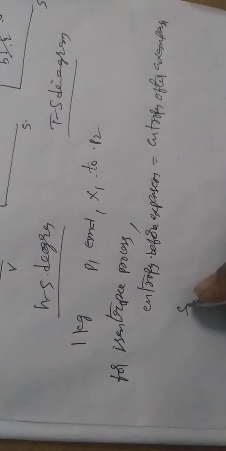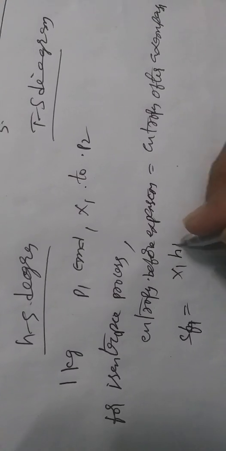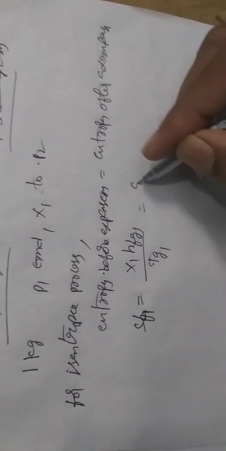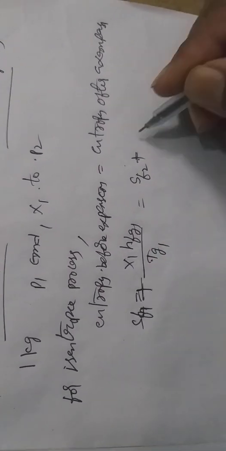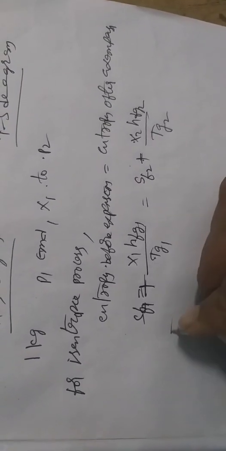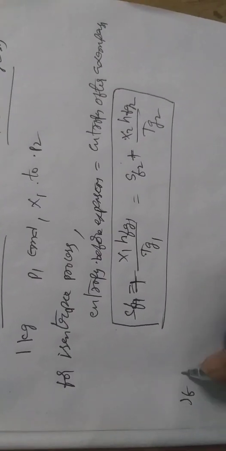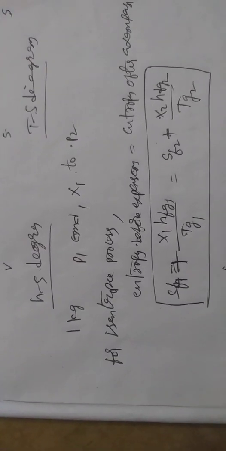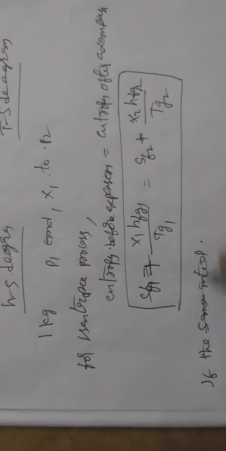So entropy: Sf1 plus X1 hfg1 by Tg1 is equal to Sf2 plus X2 hfg2 by Tg2 for the isentropic process.